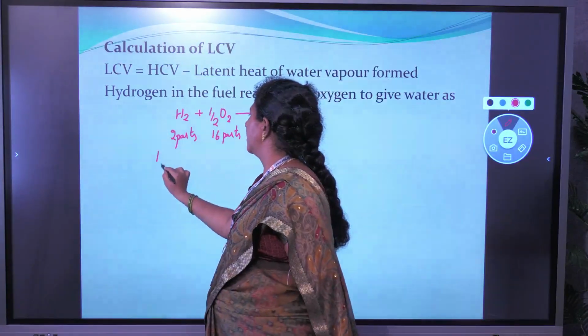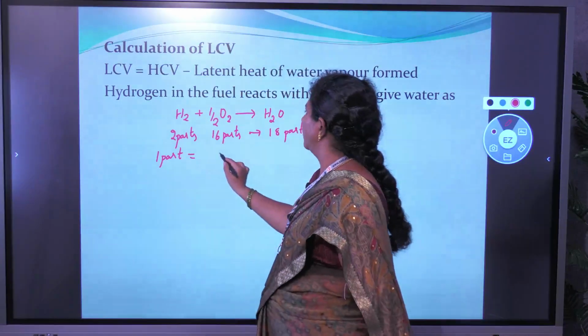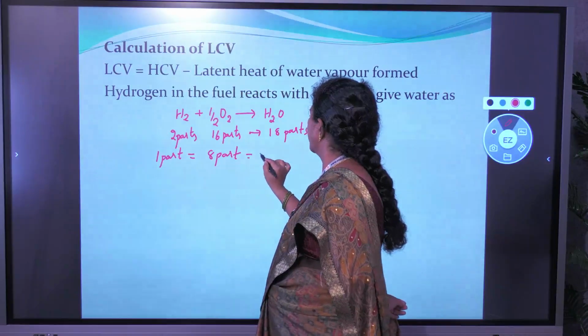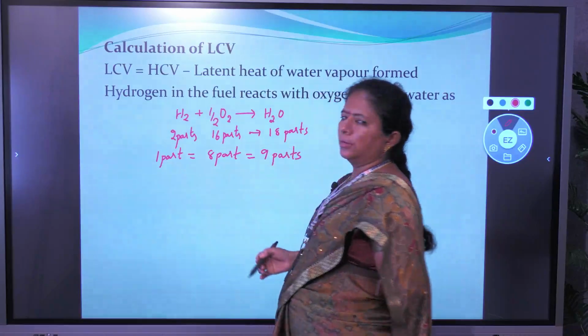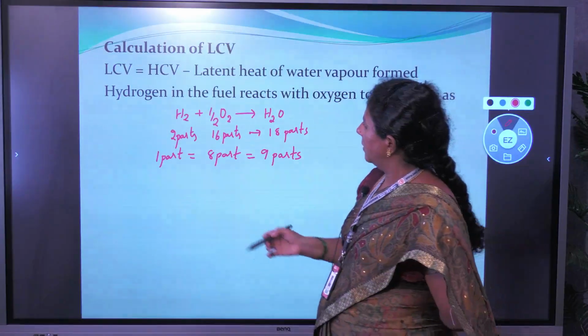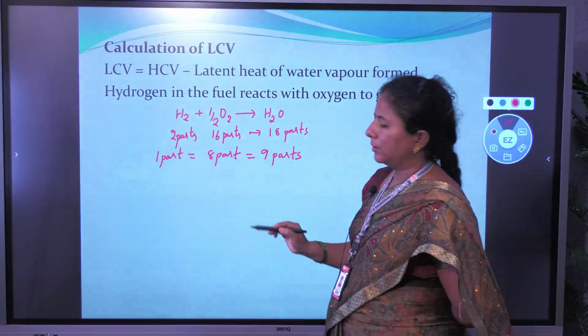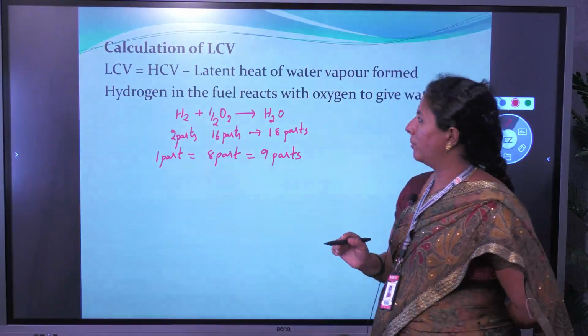That means 1 part of hydrogen plus 8 parts of oxygen gives 9 parts of water. The meaning of this is, 1 part by weight of hydrogen produces 9 parts by weight of water.